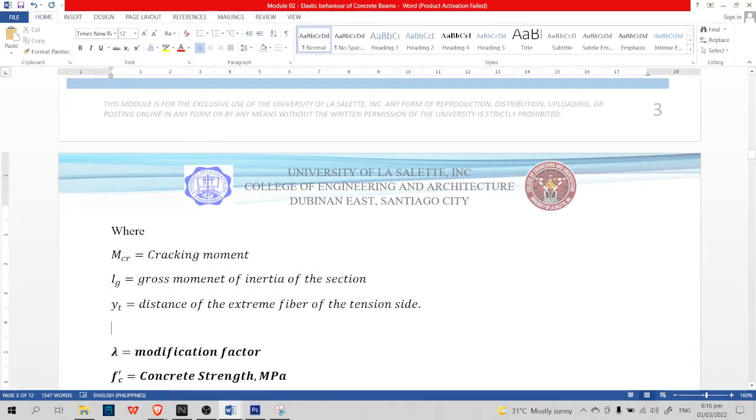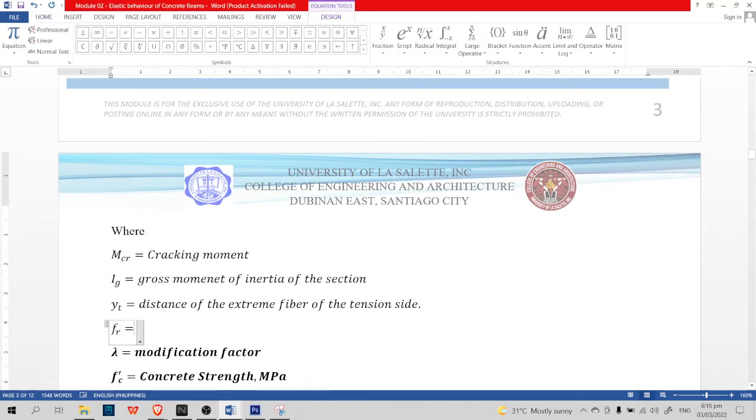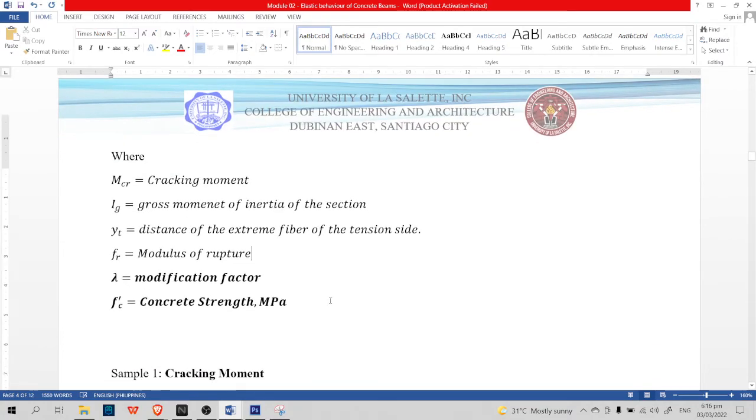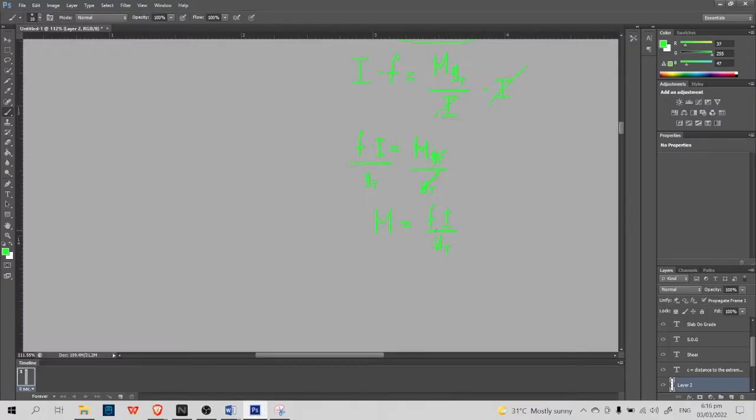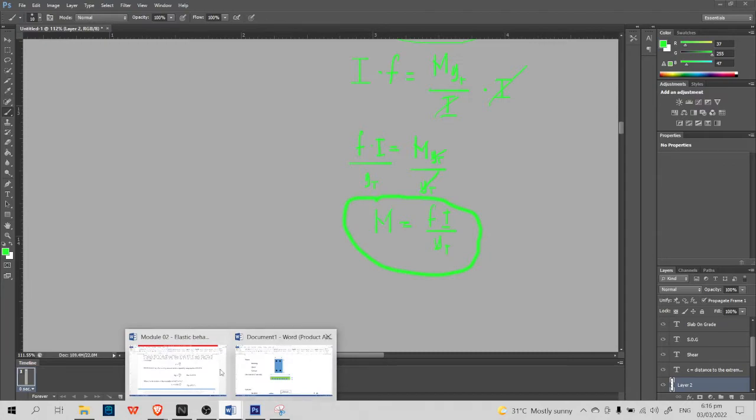Yung ano pa pala, FR, modulus of rupture. Yan yung mga ibig sabihin niya lang. So, mapapansin nyo, almost the same lang sa M, F, IG, then YT. So, pares lang yan. Ito kasi general form niya lang nung specific lang sa kanya.